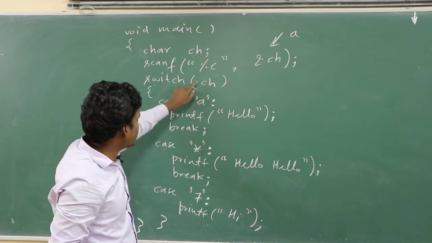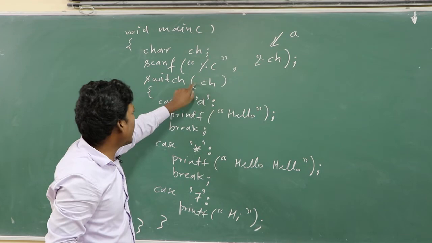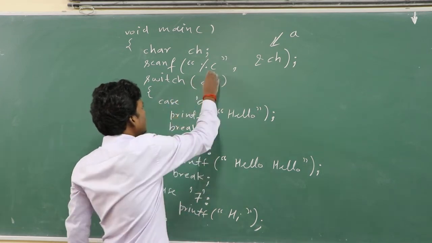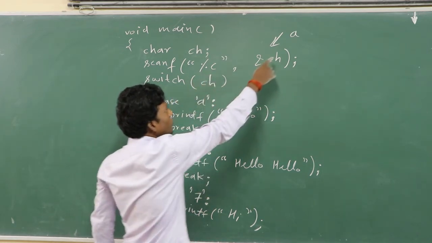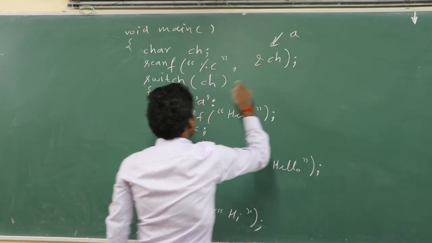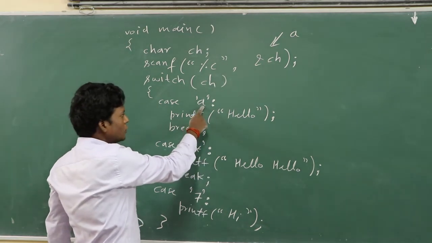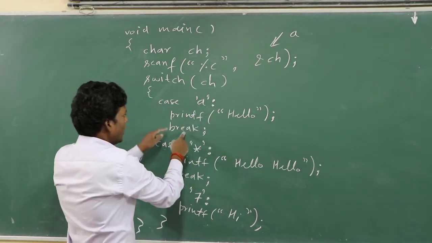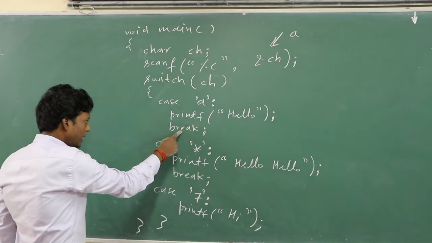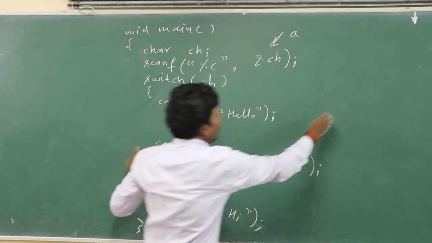Here ch is the condition or expression. Ch has the value A that the user has supplied through the keyboard. So this A matches this A, so hello will be printed, and when control comes to break, it takes the control out of the switch block. So here the output is hello.